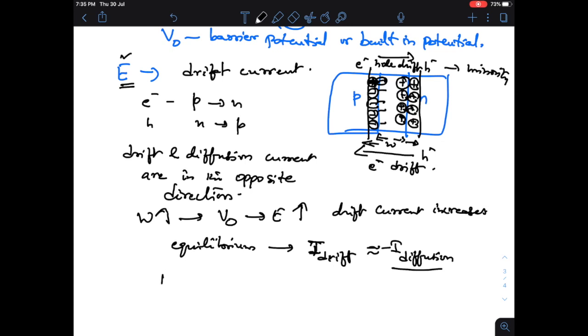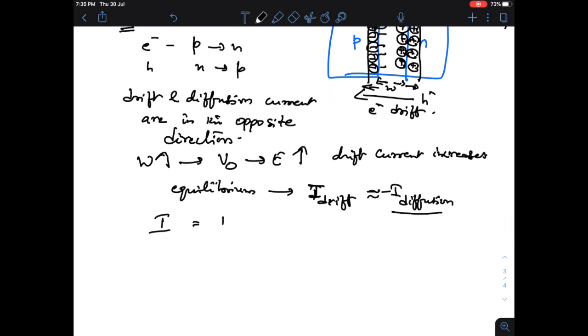Now, the net current is IE plus IH, due to both drift and diffusion, and I diffusion is equal and opposite to I drift.